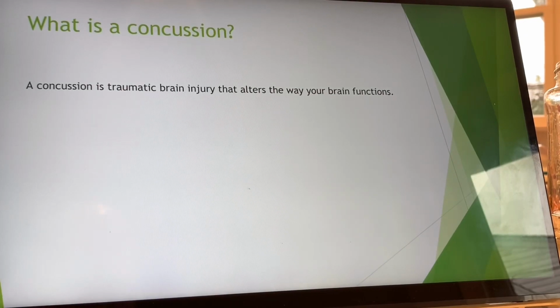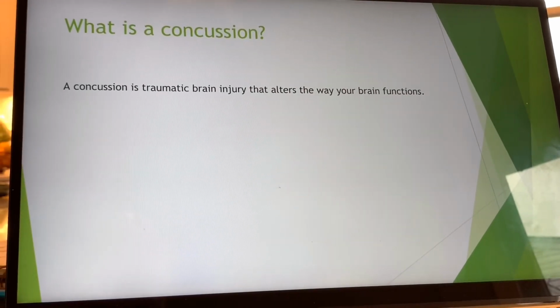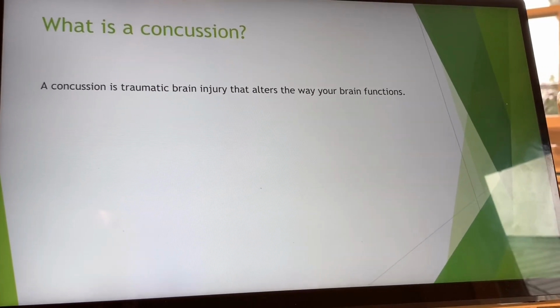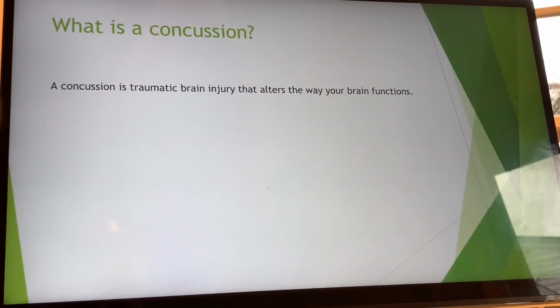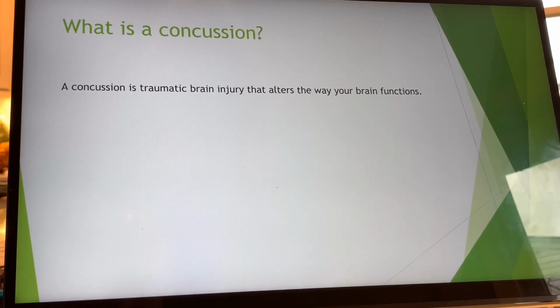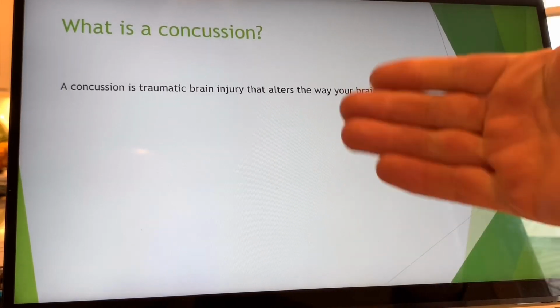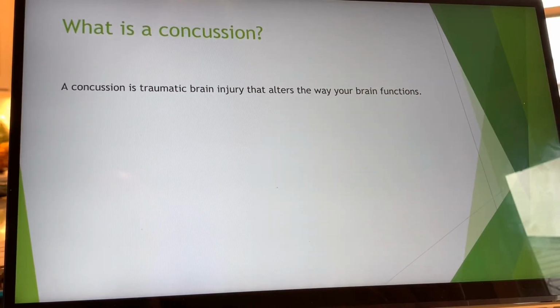Okay, so his first slide says, what is a concussion? A concussion is a traumatic brain injury that alters the way your brain functions. Now, do you notice anything wrong with this slide? I mean, I do. This is what in art class they will say, poor usage of space, right? Why is all of this white space here? I don't know, right?